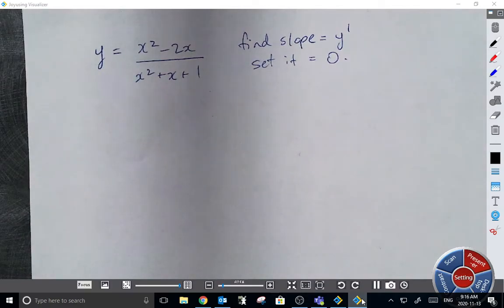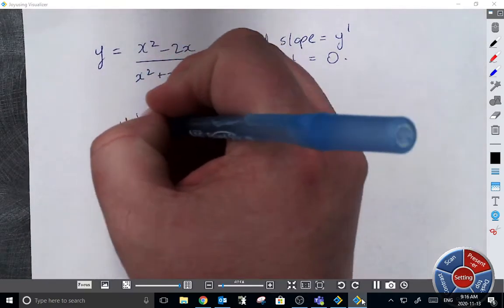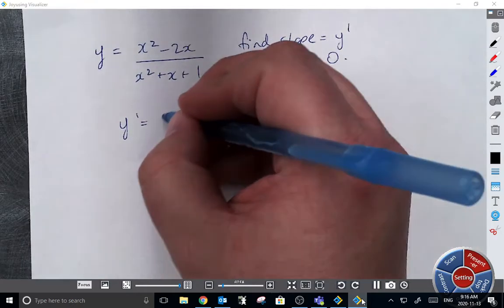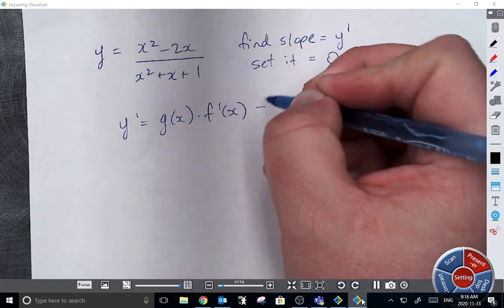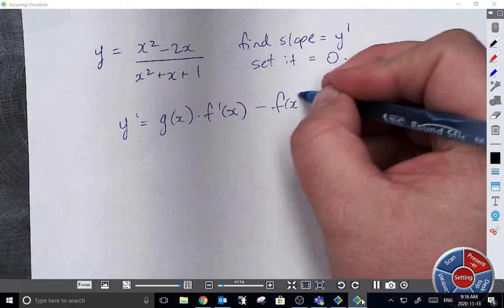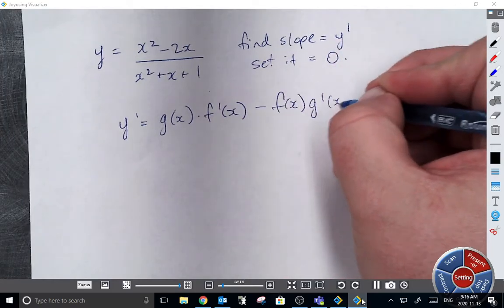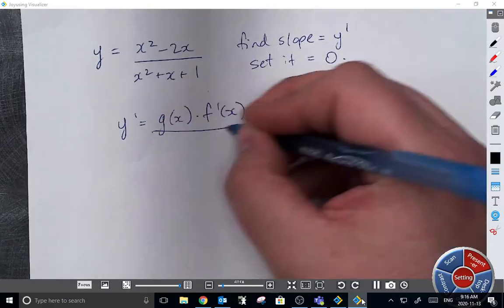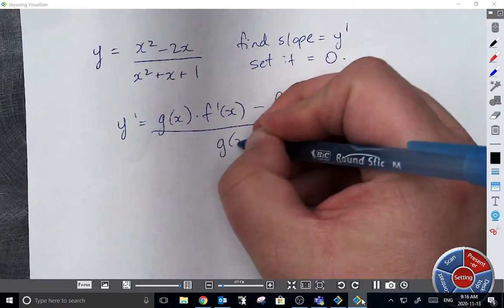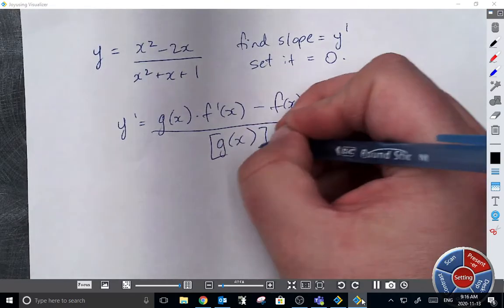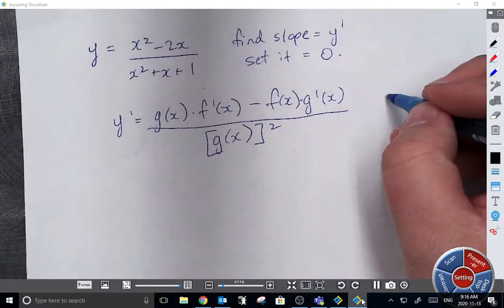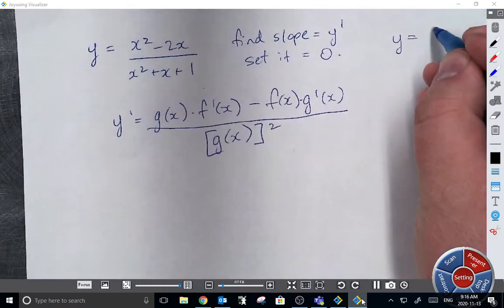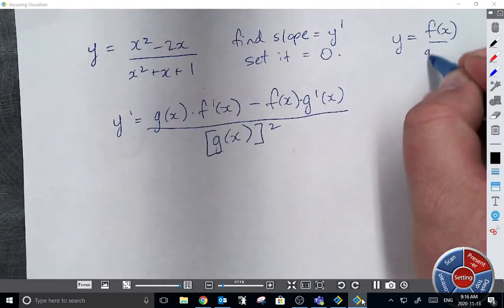And my quotient law looks like this. y primed is equal to the denominator times the derivative of the numerator minus the numerator times the derivative of the denominator, all over the denominator squared. So, in this case, my y here is basically f of x over g of x.